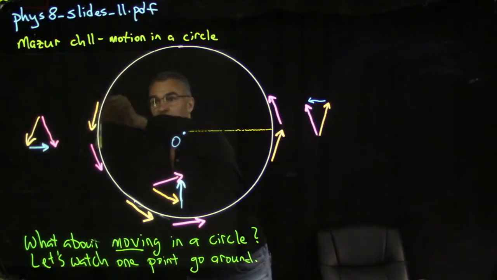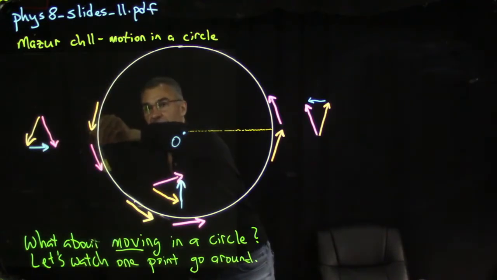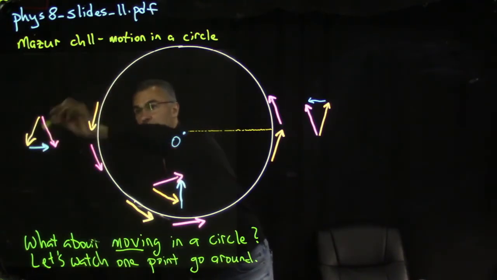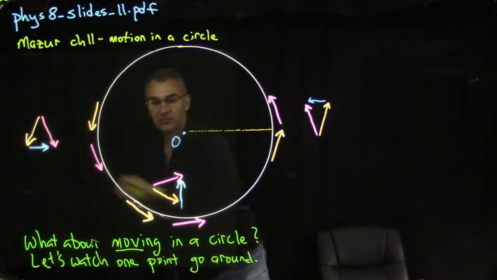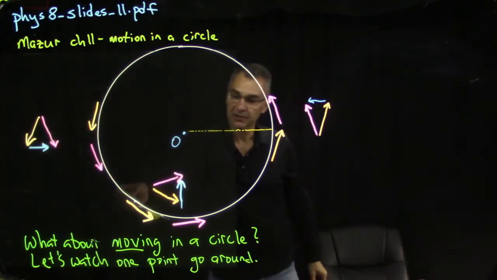Over here, just before we cross this point, the velocity vector points, let's say, south-southwest. And here, it's south-southeast. To go from this earlier one to the later one, we have to add something that points east. Down near the bottom, the velocity vector just before the bottom points, let's say, east-southeast, and here it's east-northeast.